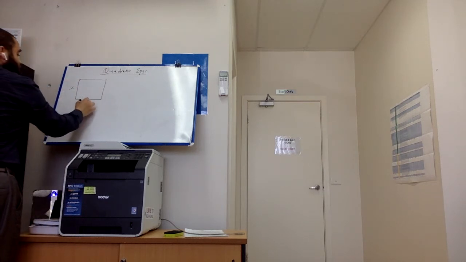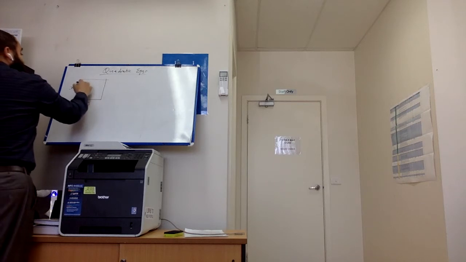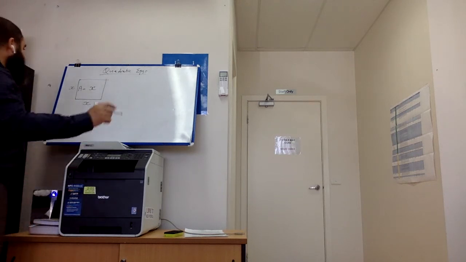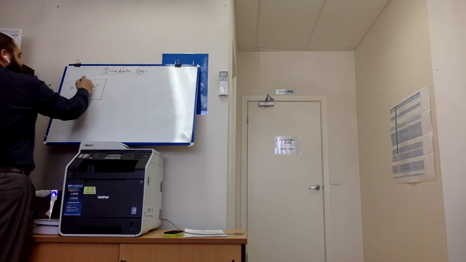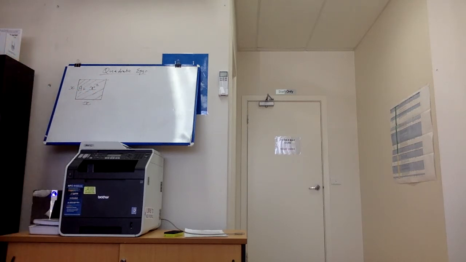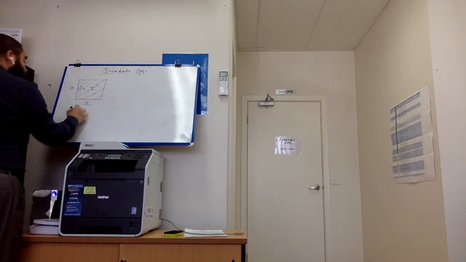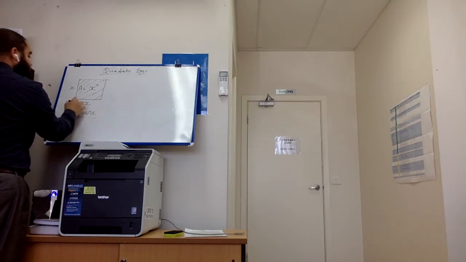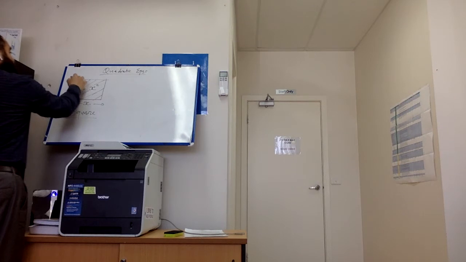So this side must be equal to x. So what is this area? Perfect, Muhammad: x squared. So side times side. We are talking about this area, x squared. Okay, so this is the square, when both sides are equal.